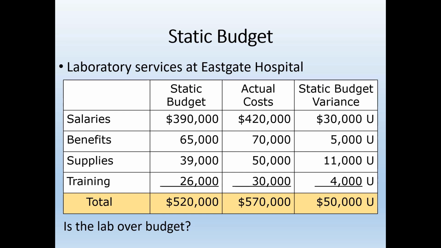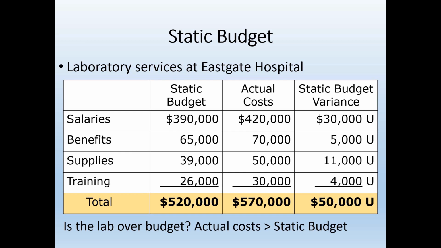And the hospital director is furious. He wants to know what's wrong with the laboratory at Eastgate Hospital because it seems not to be able to stay within budget guidelines.